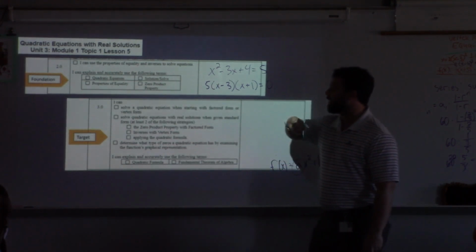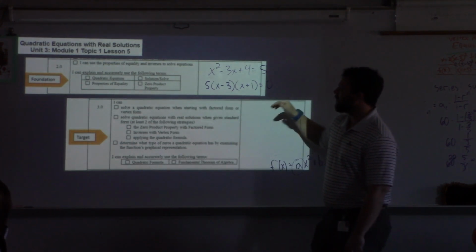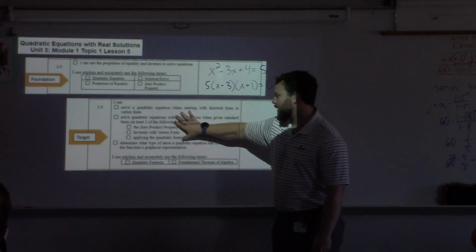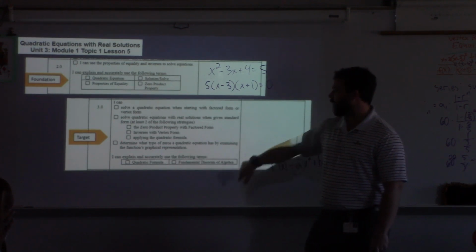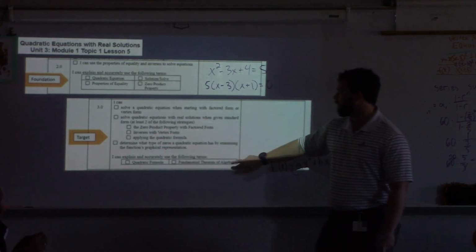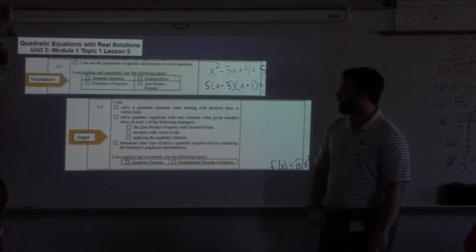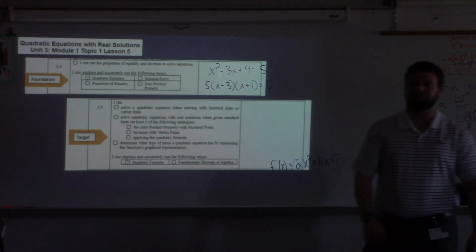And then we're also going to be solving quadratic equations with real solutions when given standard form. We legitimately are going to hit probably all of this today, not this piece, okay? Or the quadratic formula, or the fundamental theorem of algebra, we might talk about it, but we definitely won't be doing the quadratic formula.